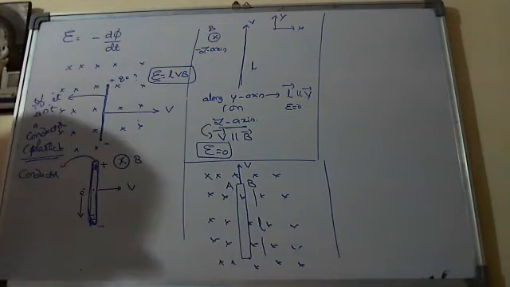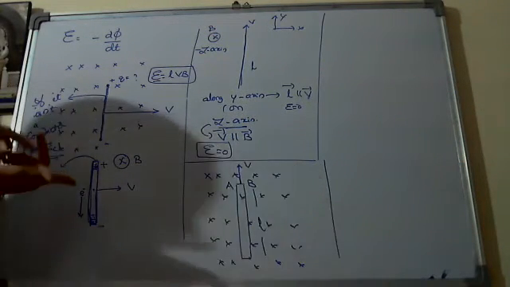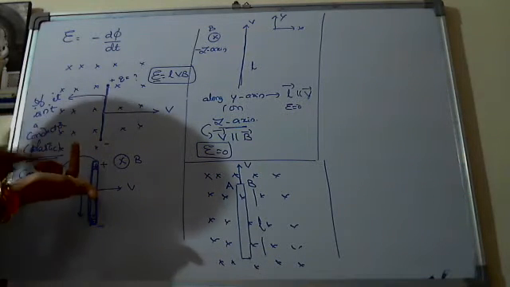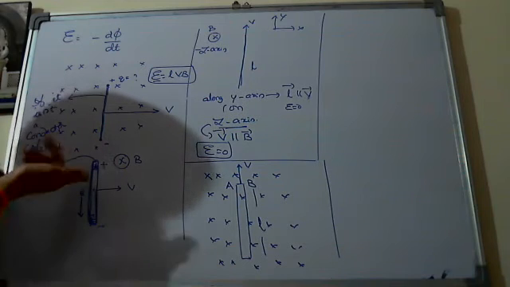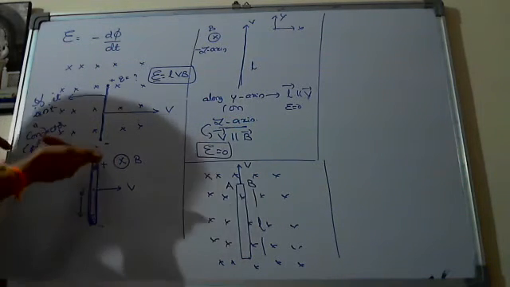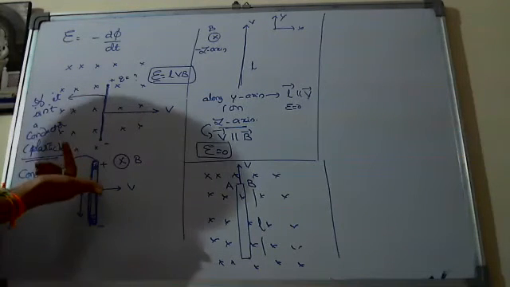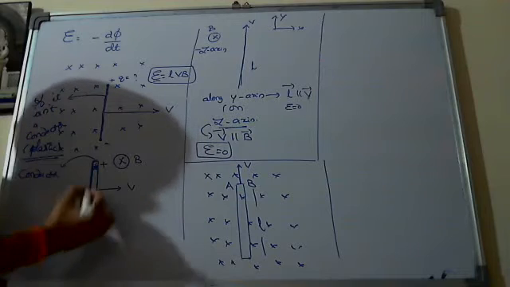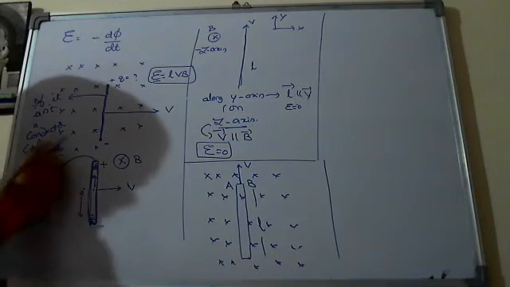This direction only we say with Fleming's right hand rule. By using it here, the thumb represents motion, and B is into the page, that's why we say inside. Considering this as a cell, inside the cell the induced current tries to flow from the negative terminal to the positive terminal. According to motional EMF, if it is closed with a resistor, then current tries to flow in this direction inside the cell.